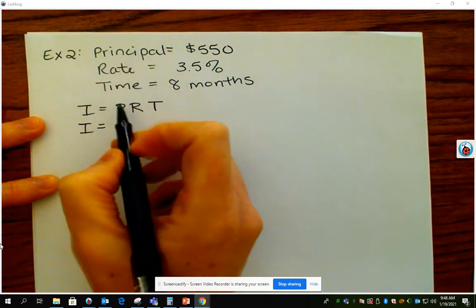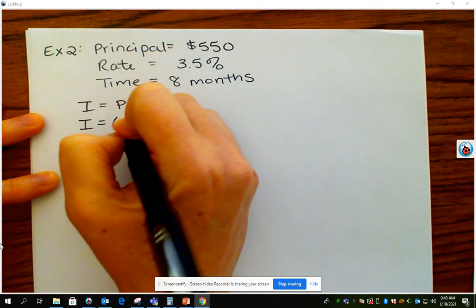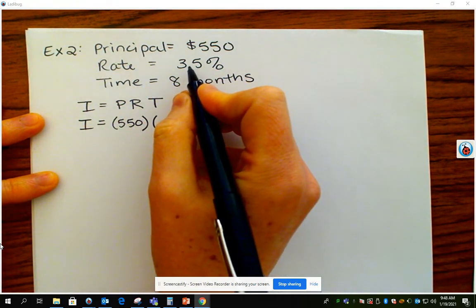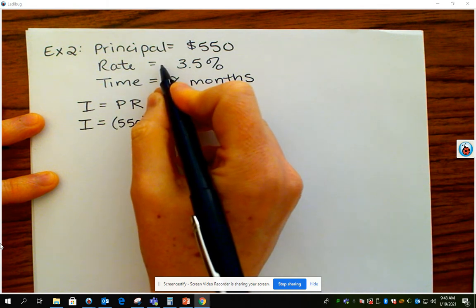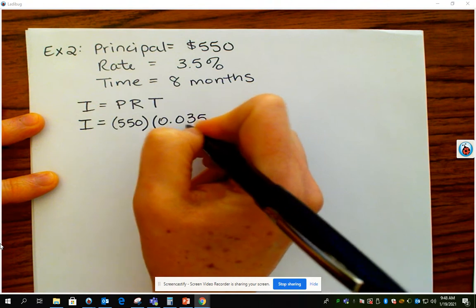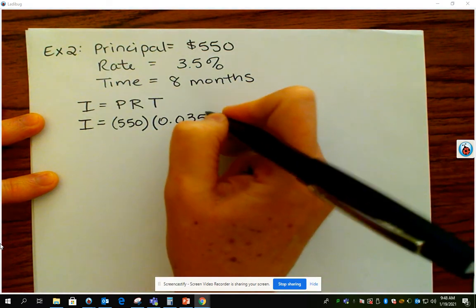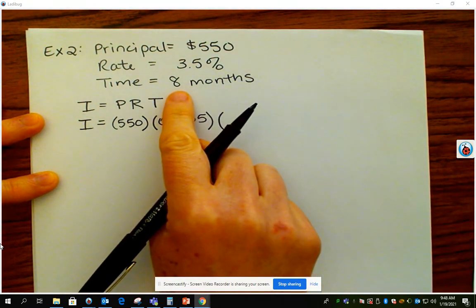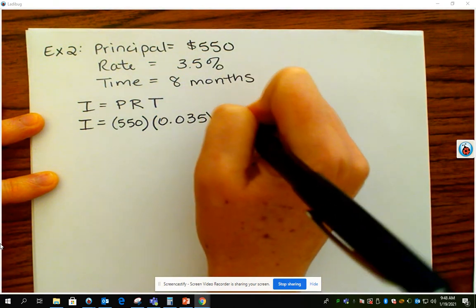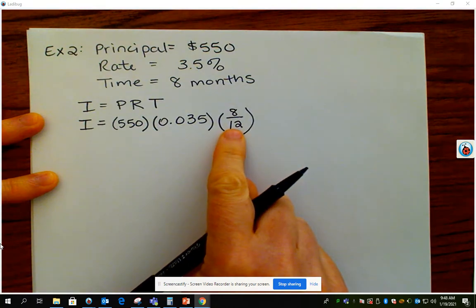Remember, P is the principal, so 550. Rate is my interest rate written as a decimal, so move that decimal place 2 to the left. That would be 0.035, 2 places to the left. And then remember, time has to be in years, so 8/12ths of a year, because there are 12 months in a year.